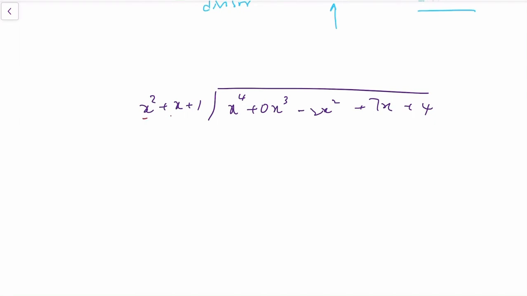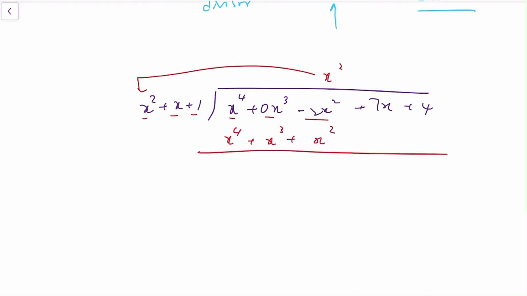Since you have 3 terms, you'll be dividing by 3 terms at a time. So this time the first term in the quotient would be x squared, because x squared times x squared is x to the power 4. Plus x, then you subtract. Then you have 0x cubed minus 1x cubed. That's negative 1x cubed.